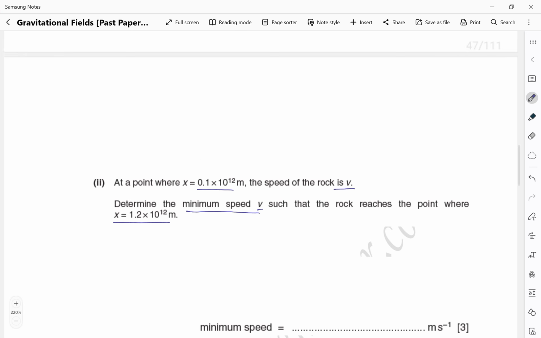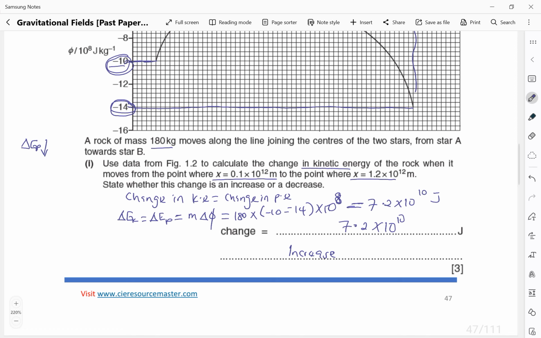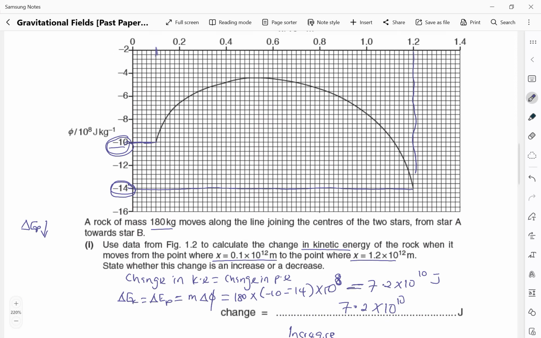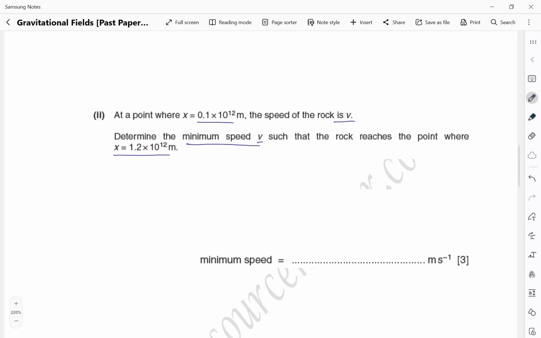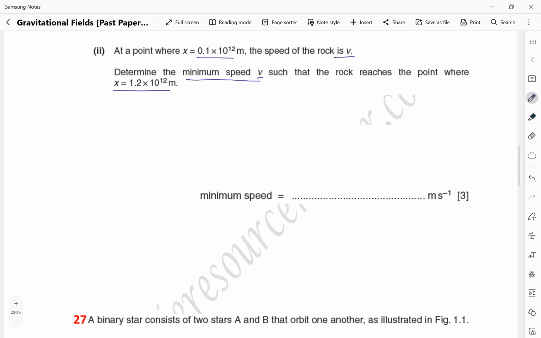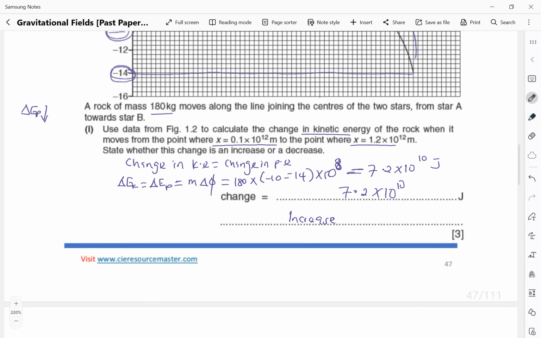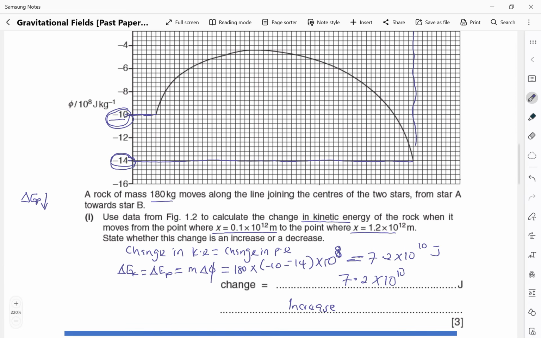So at point x equals 0.1, the speed is v.